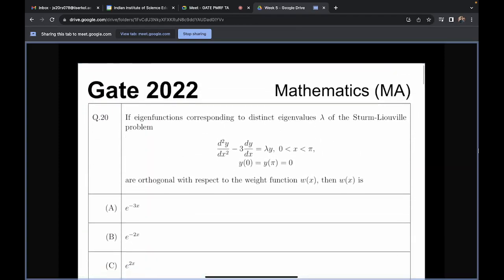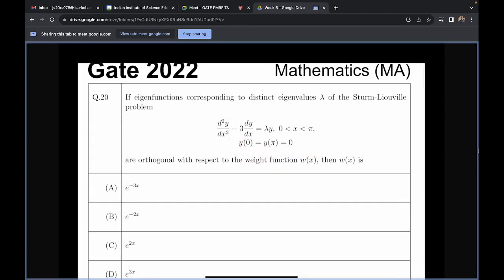So in our case we have this Sturm-Liouville problem. We want to write it in the form in which the theorem is stated, from where you can deduce the corresponding weight function.